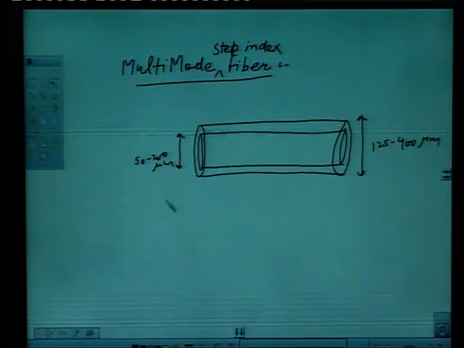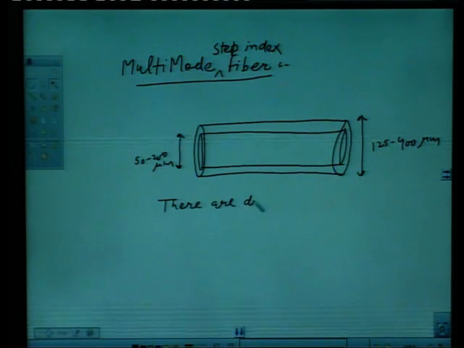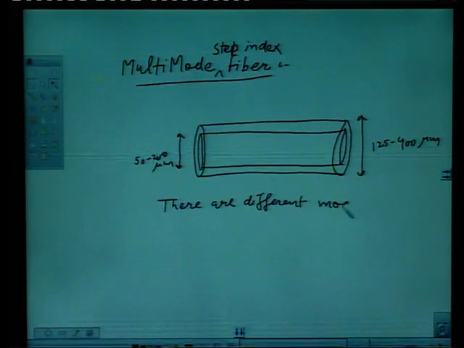So there are different modes of propagation of light.